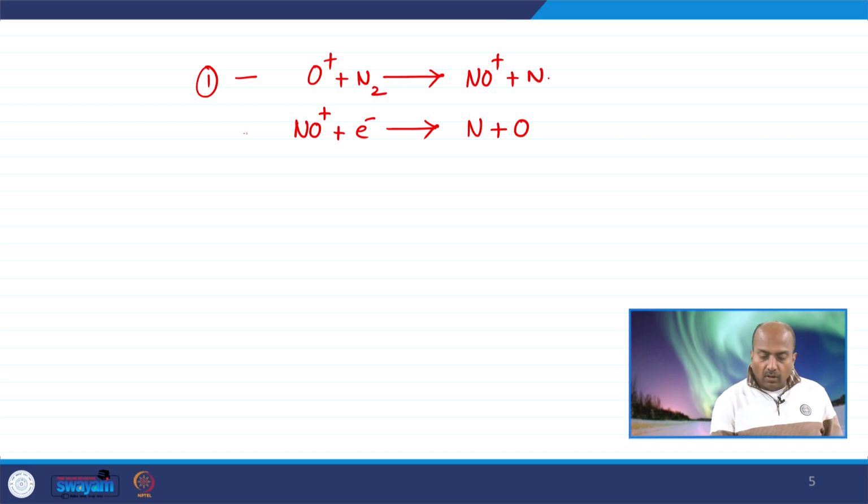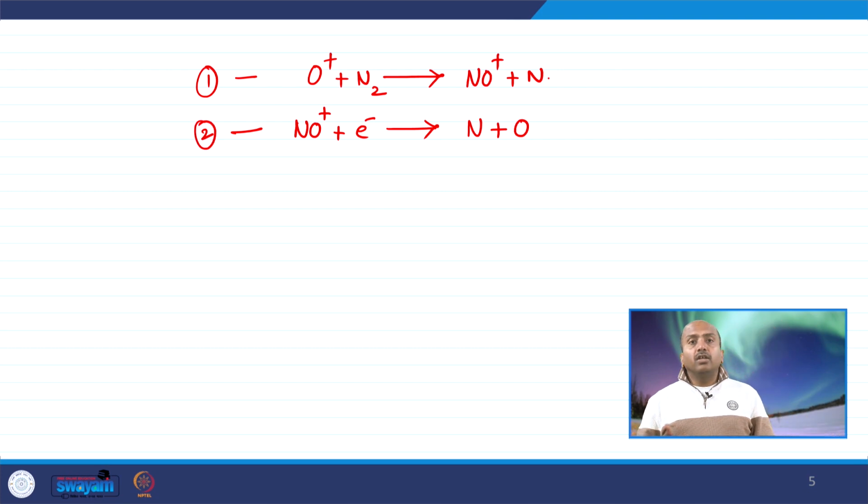Fine. Let us call this 2. This is the two-stage recombination process of O plus.